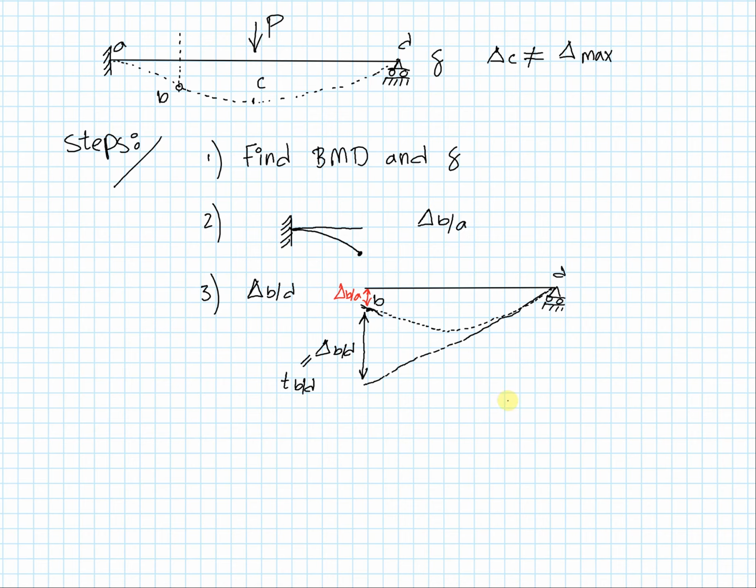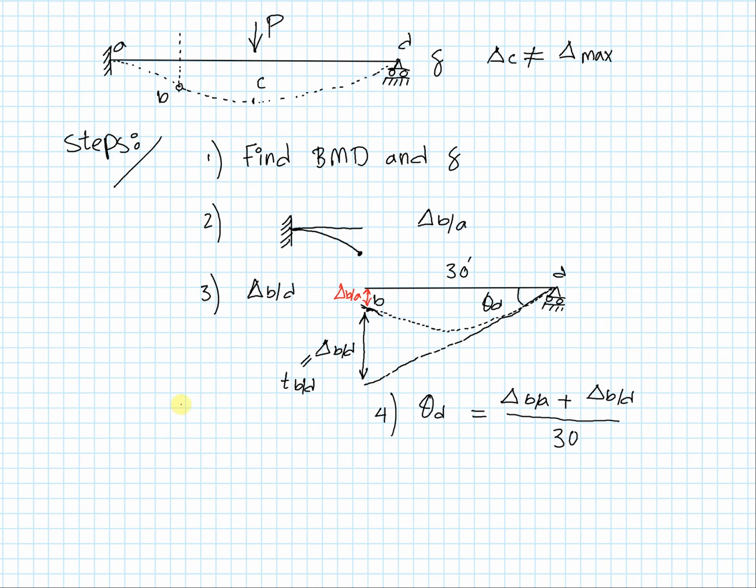If I were to do delta BA plus delta BD and divide these two by 30, which is this length here, I would have a rotation theta D. So now I would find out what theta D is equal to. And we call this step 4.